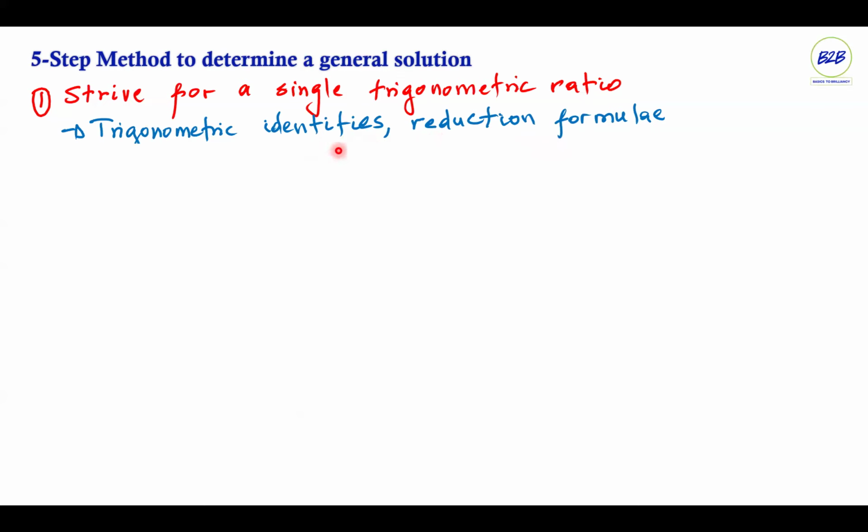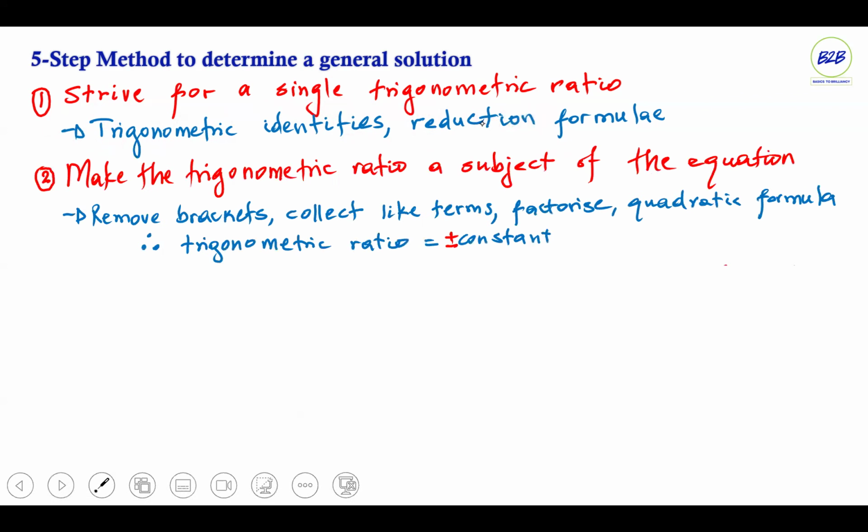All right. Now that we have a trigonometric equation that has a single trigonometric ratio, then what do we do? We must then make that specific trigonometric ratio the subject of the equation.